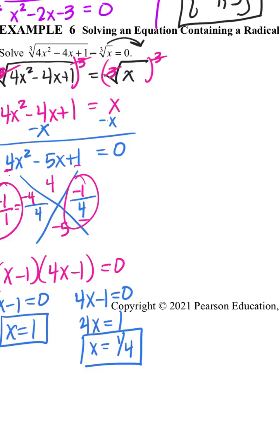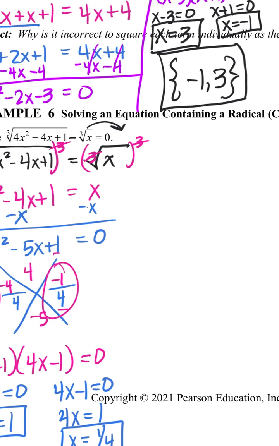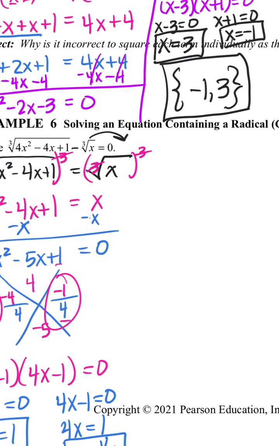So if I were to plug this in, 1 squared is 1. All right, so if we're going to check, 4 times 1 squared minus 4 times 1, and you could actually type this into a calculator just to get your numbers. So this is the cube root. 1 squared is 1, 4 times 1 is 4, minus 4 plus 1.